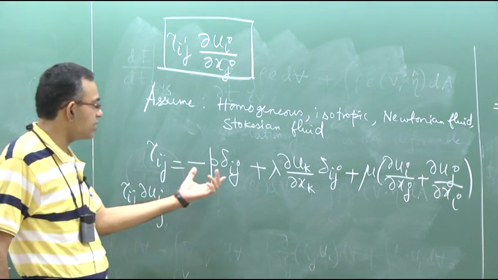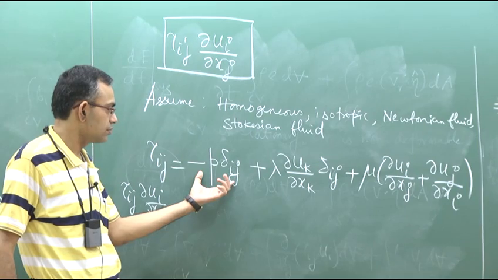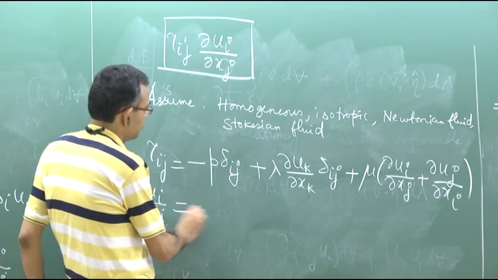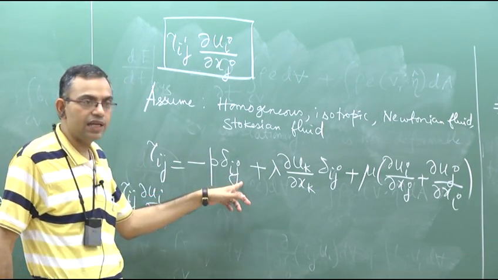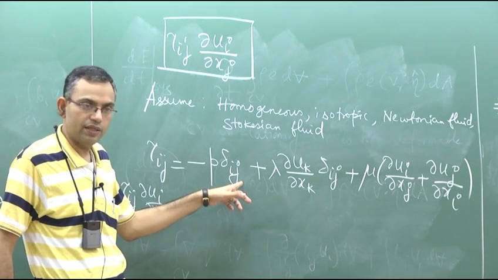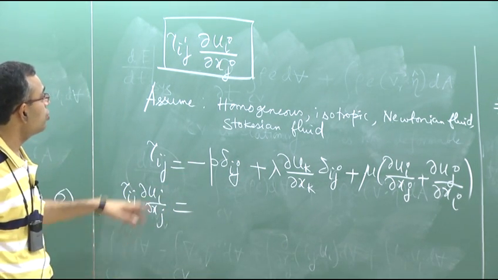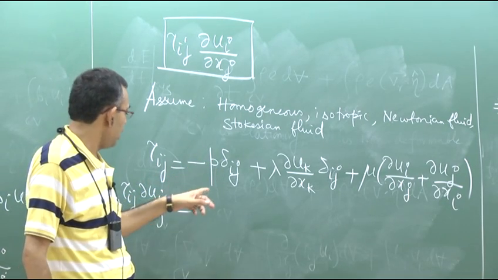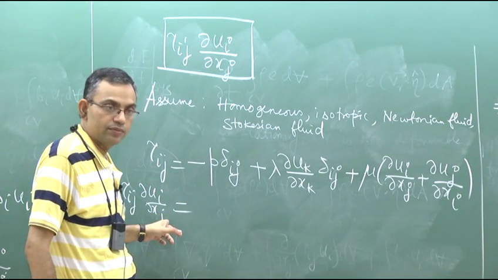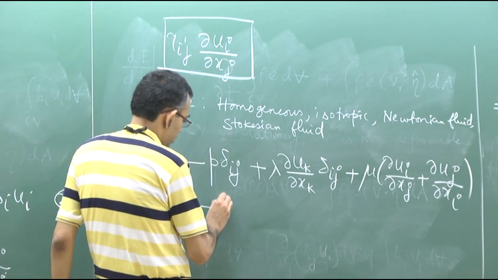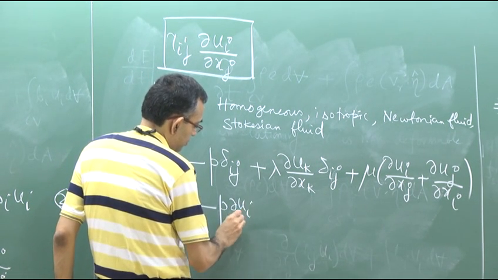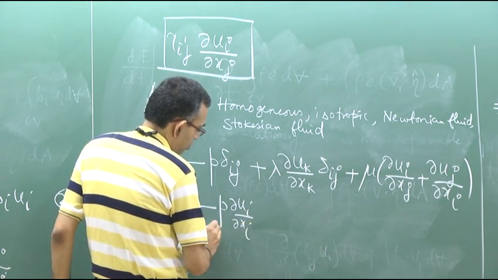What will be the hydrostatic component? Remember delta ij is equal to 1 when j is equal to i. So, it will become minus P into del u i del x i. What is this?